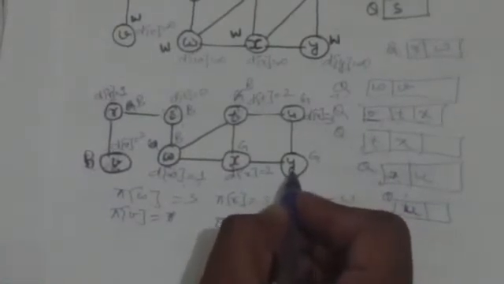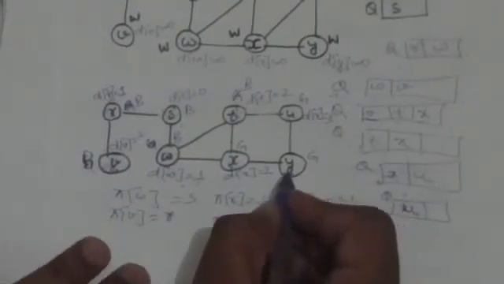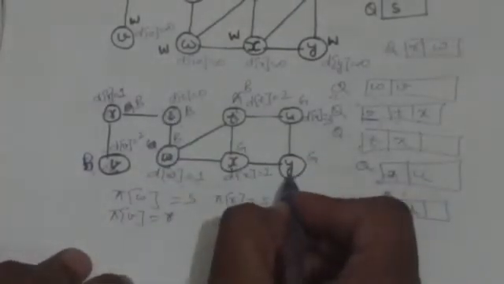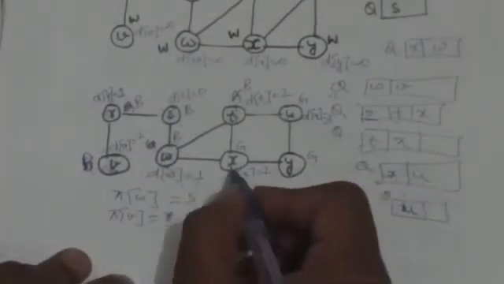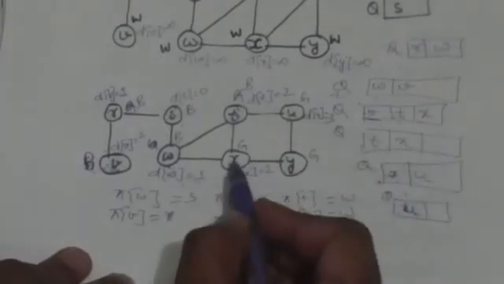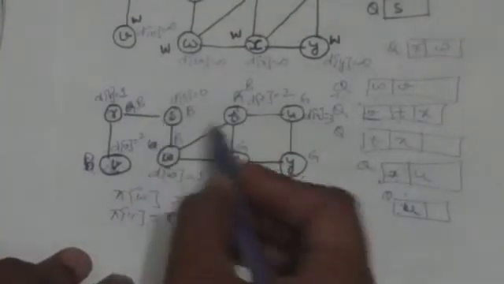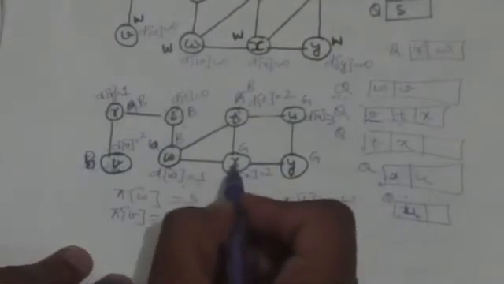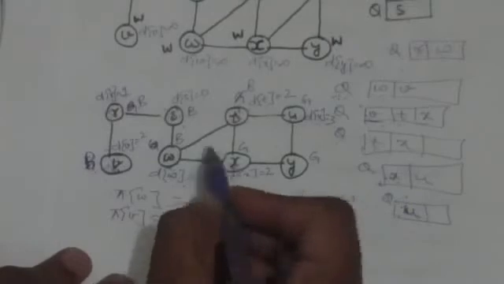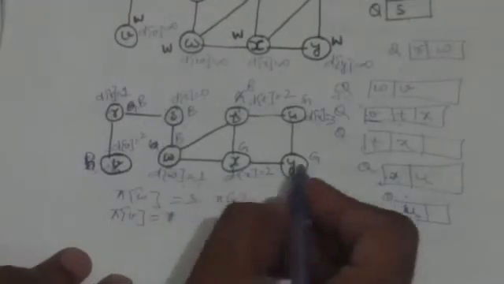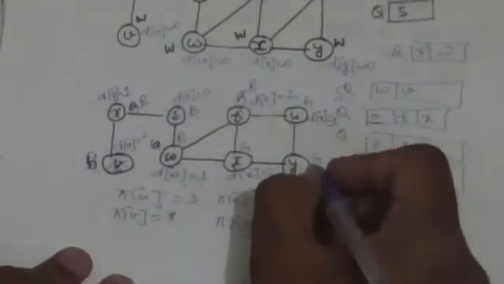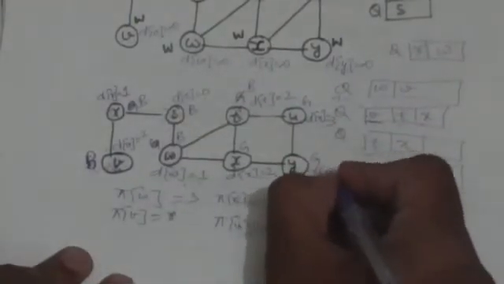Now we will set the distance of this vertex y from source vertex as 1 more than the distance of vertex x from source vertex s, right? Distance of vertex x from source vertex s is 2. So the distance of vertex y from source vertex s will be set to 3.